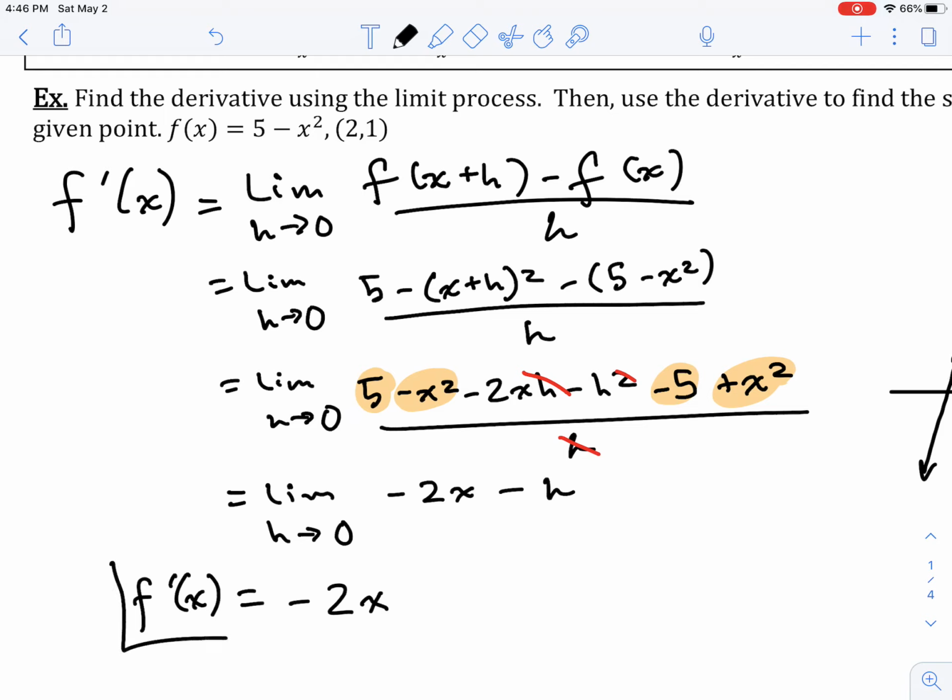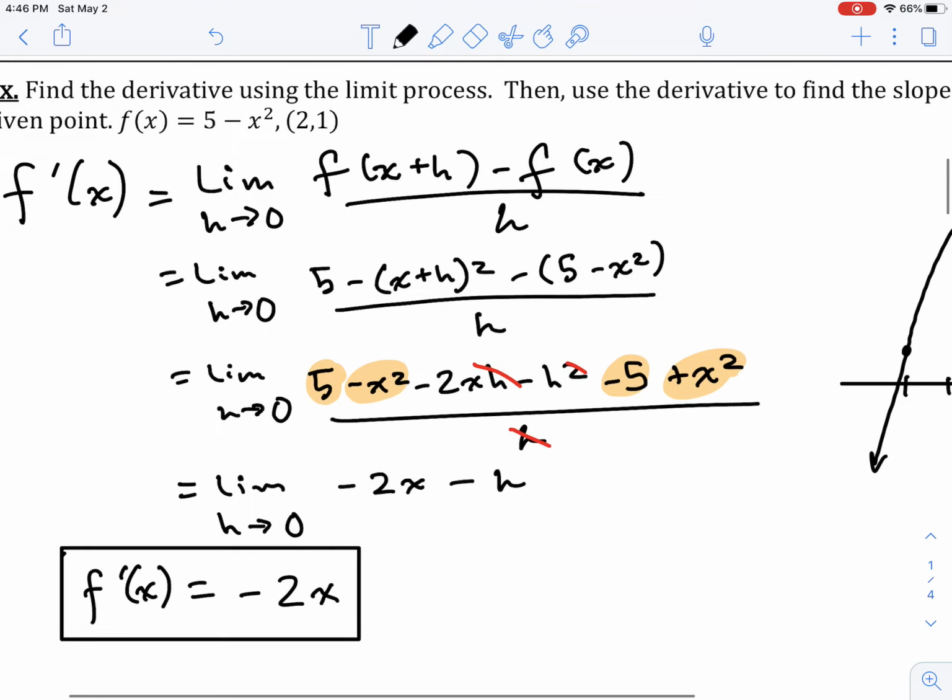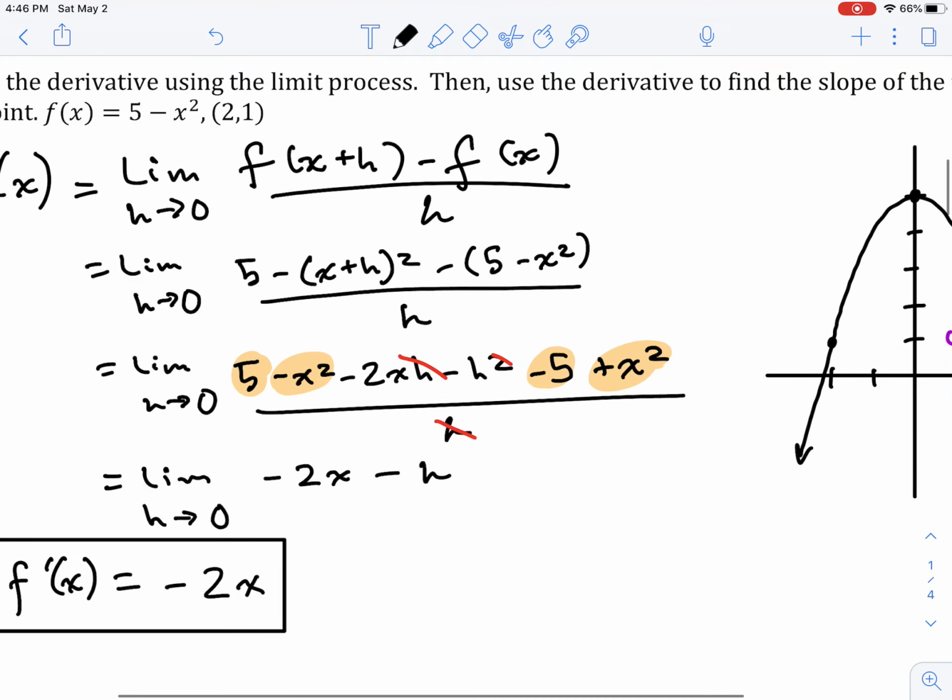So there's our derivative. We're going to say f prime of x is equal to negative 2x. And we found that derivative using the limit process of our difference quotient here. Okay? So now that we have that, let's go ahead and find the slope of our tangent line. Let me use a different color for this.